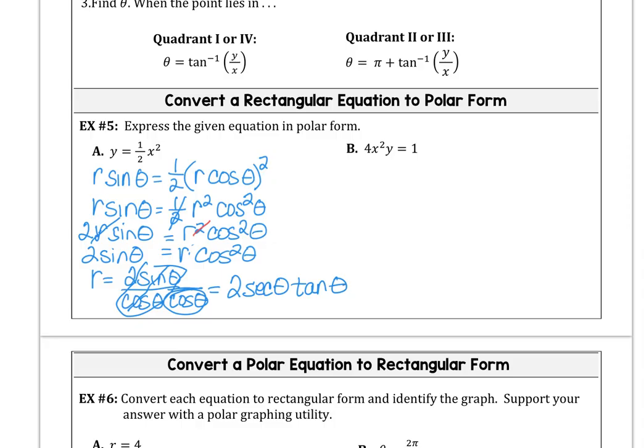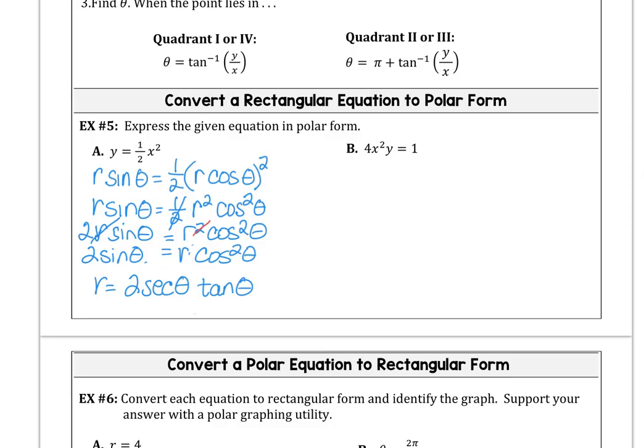So I'm going to erase this and put the final answer all neatly together here. R is 2 secant theta tangent theta. Whew, let's try the next side.